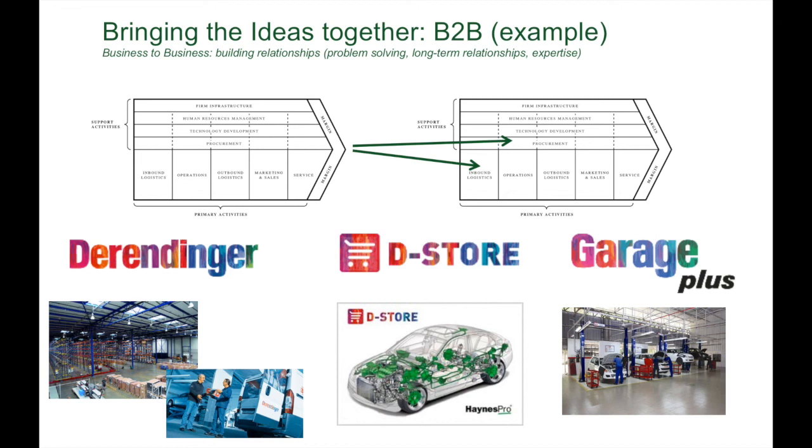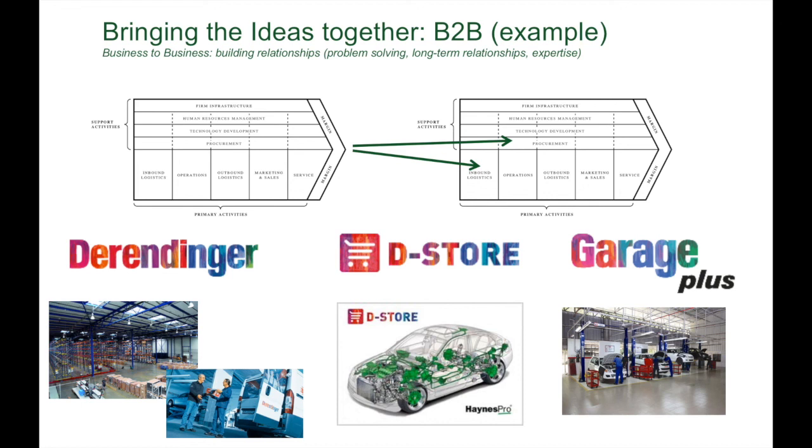So here, Derendinger was able to build up a lot of services, take away a lot of the concerns of the repair shop, and through these additional services, the repair shop has an incentive to order all the spare parts with Derendinger.